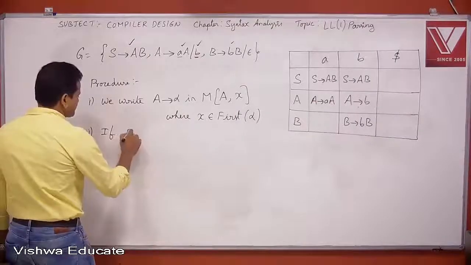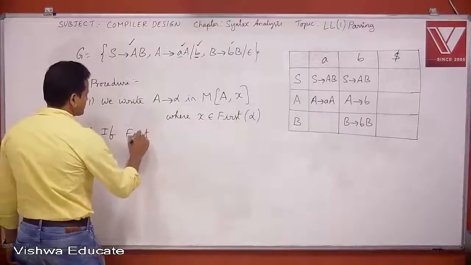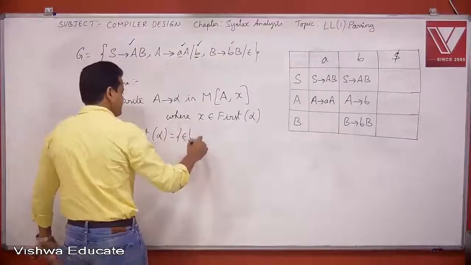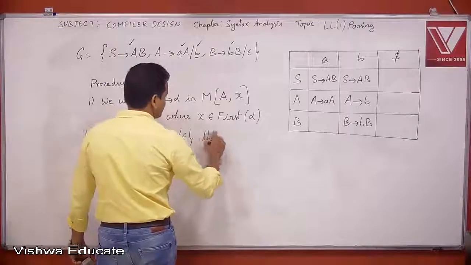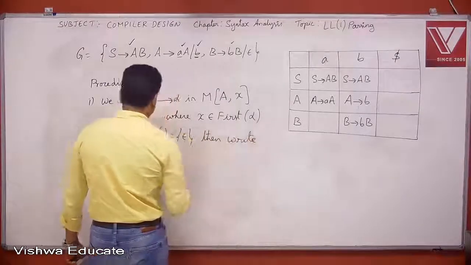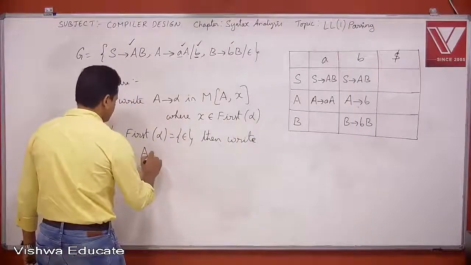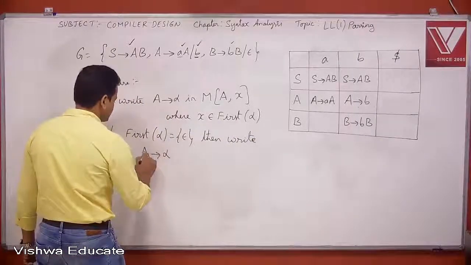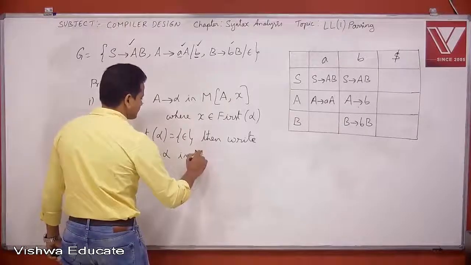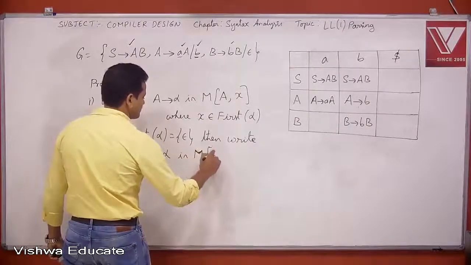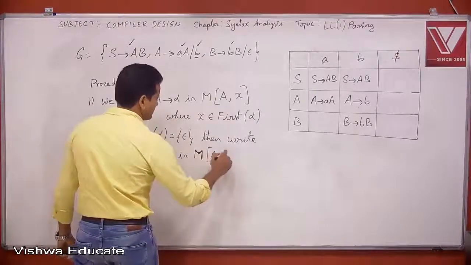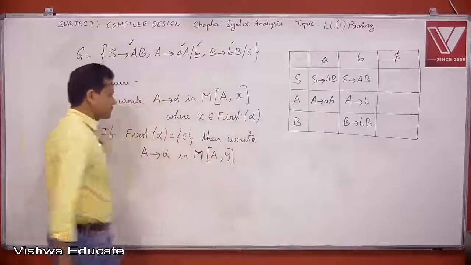If first of alpha is epsilon, then write A derives alpha in the box of Ath row, because it is a production of A, and yth column.